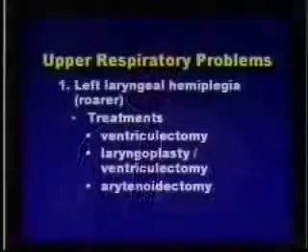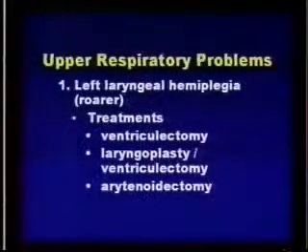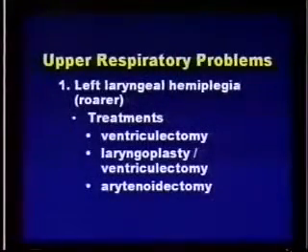The third most common treatment for left laryngeal hemiplegia is arytenoidectomy. Arytenoidectomy generally is considered mostly a salvage procedure, although some horses can go on and do competitive work with an arytenoidectomy.